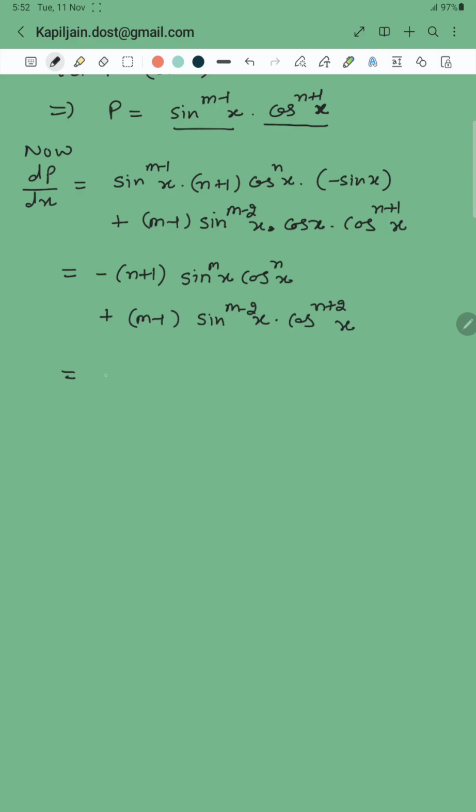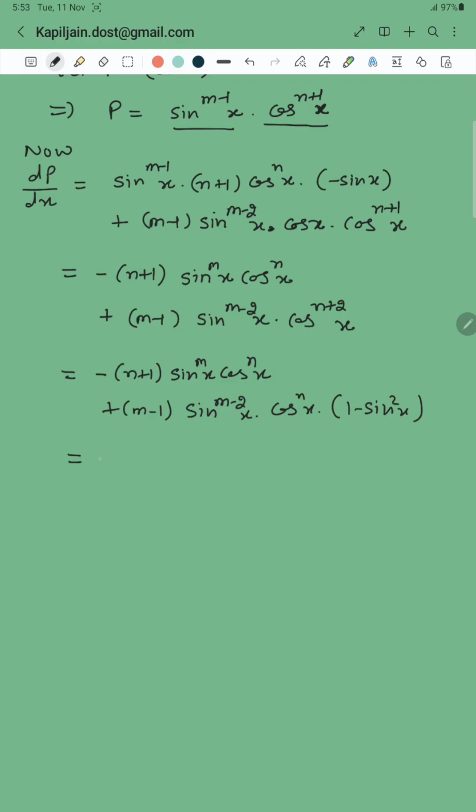which is equal to minus n plus 1 sin raised to power m x cos raised to power n x plus m minus 1 sin raised to power m minus 2 x into cos raised to power n x multiplied by cos square x, and further cos square x can be written as 1 minus sin square x. So we can write here 1 minus sin square x.